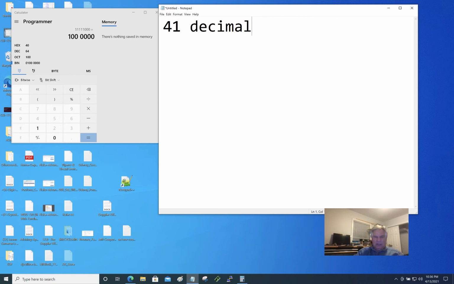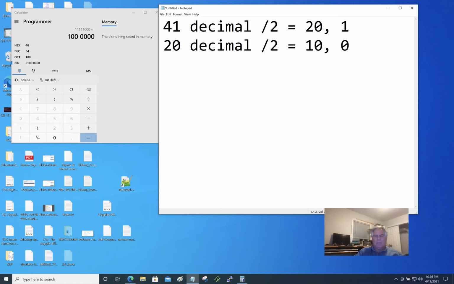Remember our algorithm, we divide by 2. 41 divided by 2 equals 20 with a remainder of 1. Then I take 20 decimal and divide by 2, and that equals 10 with a remainder of 0. Then I take 10 and divide by 2, and I get 5 with a remainder of 0.